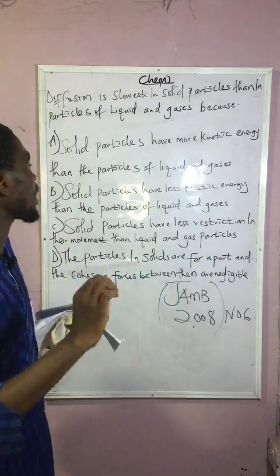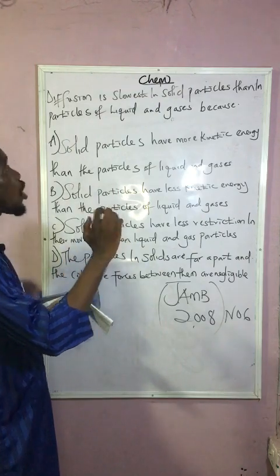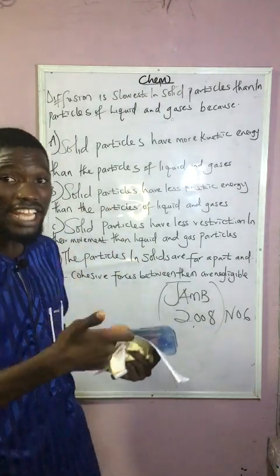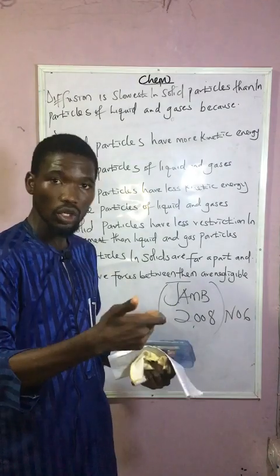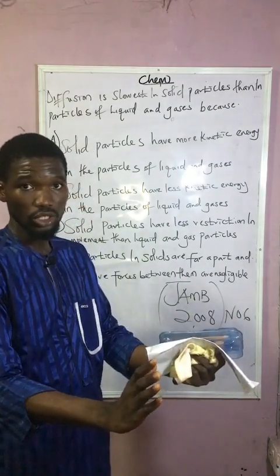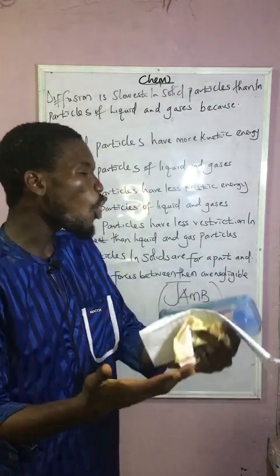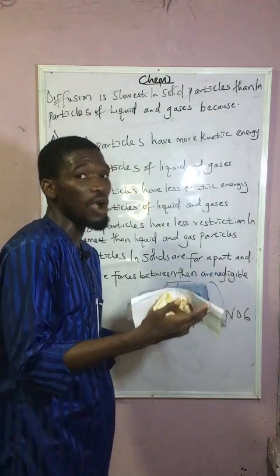So for every solid particle under diffusion, they are very slow because you cannot easily move or push them, just the way you can take your gas or your liquid from one point to another.